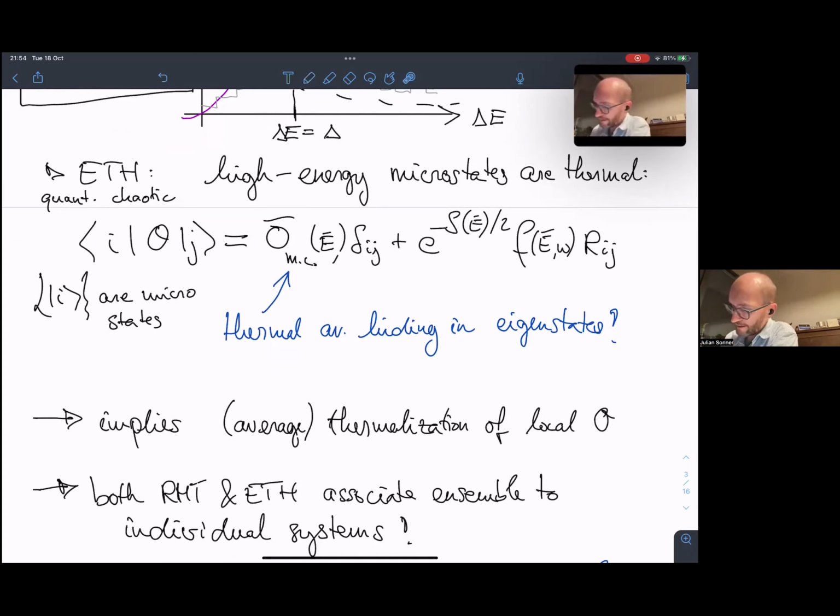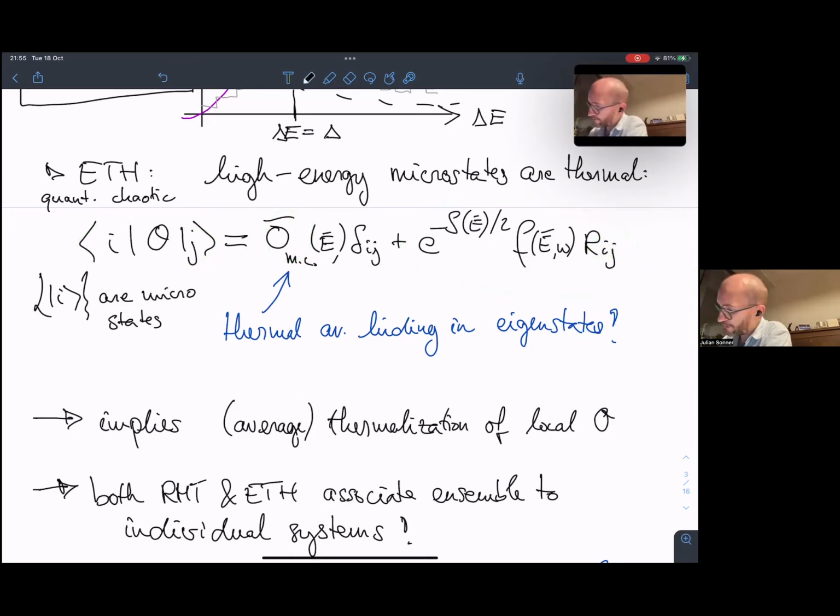The expectation value of such an operator O can be written as follows: on the diagonal, you have exactly the microcanonical expectation value, really the thermal expectation value at the energy E, that's the average of the two eigenstate energies I and J. And then you have off-diagonal components, which again are modulated by a random matrix R, much more about this in a few minutes.